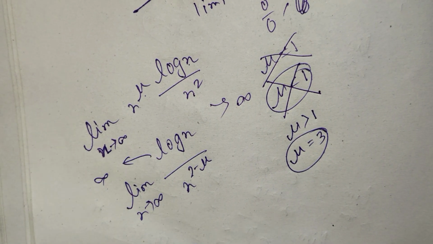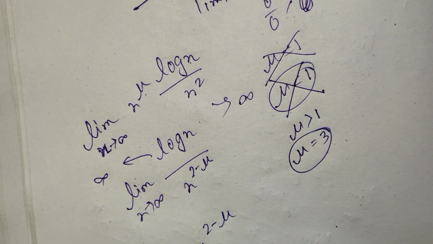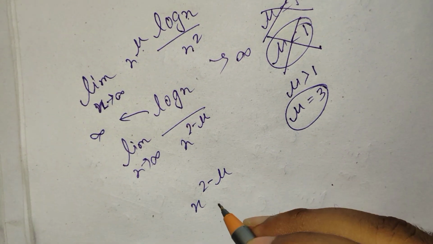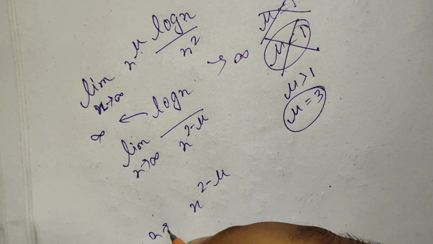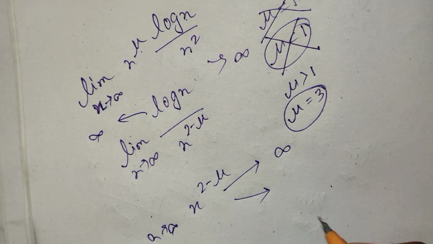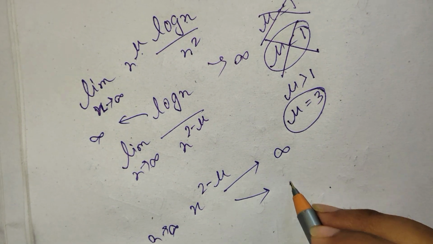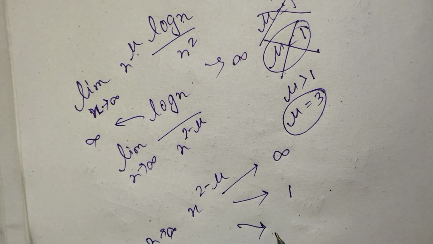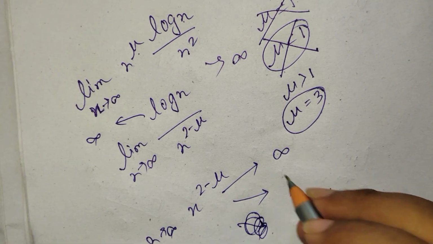Why? Because I am entering into a deep knowledge of limits. Basically x is tending to infinity, then it will be infinity, it will be 1, or it will be something else.